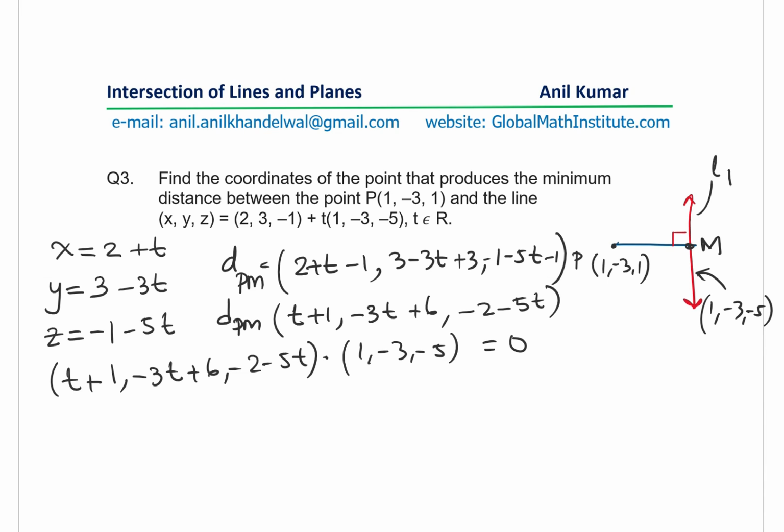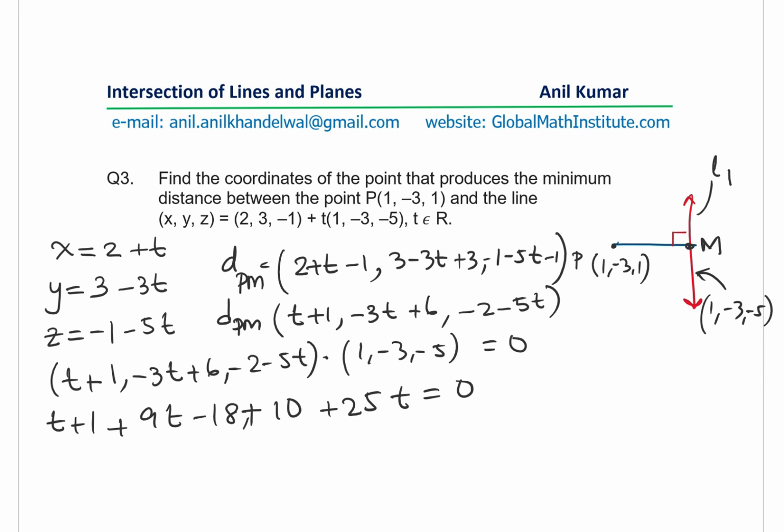So that is what we mean when we say perpendicular. So let's just do the dot product now. So we get t + 1, and -3 times -3t makes it plus 9t, minus 18, and here we get, sorry, plus 18, right? And -5 times -2 is plus 10, and -5 times -5t is plus 25t, equals 0.